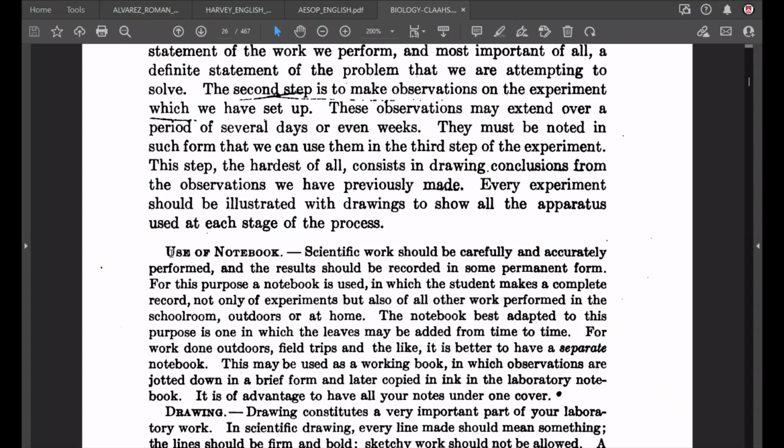We can set up the experiment. We can make observations. But the third and the most difficult step is drawing conclusions. Who cares what the experiment shows us if we can't draw reasonable, valid conclusions from what we've observed?